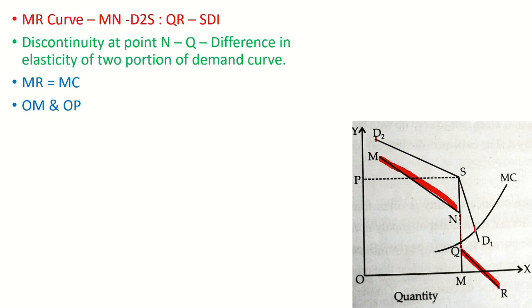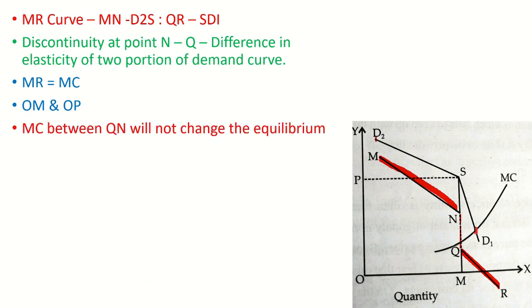Okay, and at this point the firm attains the equilibrium because the MC cuts the MR curve from below, or the MC is equal to MR at this portion. And the MC between Q and N will not change the equilibrium.